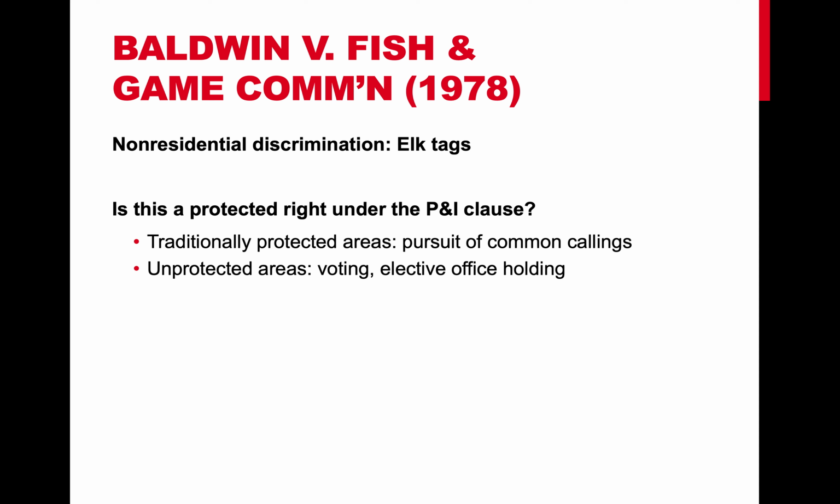So we know just from common practice that states can impose residency requirements on the right to vote and the right to hold office in a state. And there's no suggestion here. The court explains that they've frequently held that the Privileges and Immunities Clause is not violated by these limitations, by these preferences for state citizenship.